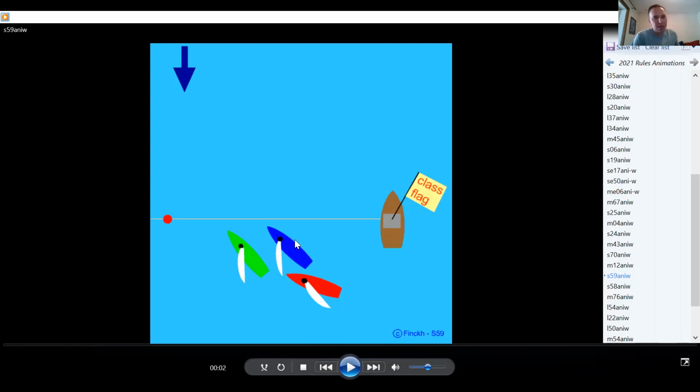Technically from a rule standpoint, red can go in there between green and blue, but red needs to stay clear of green while also giving blue time and opportunity to stay away. Or like Jim Marquardt has done many times, head blue up first over the line and then sail below green and get a good start.